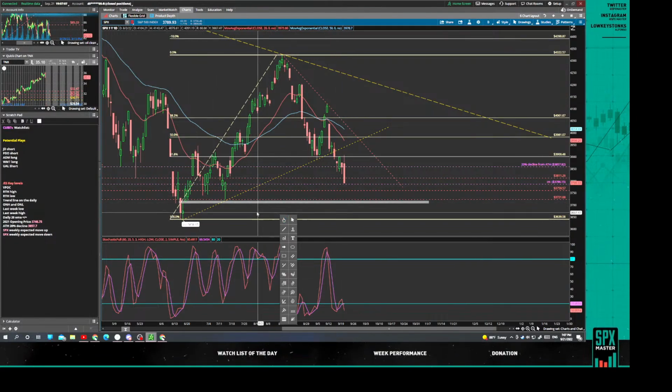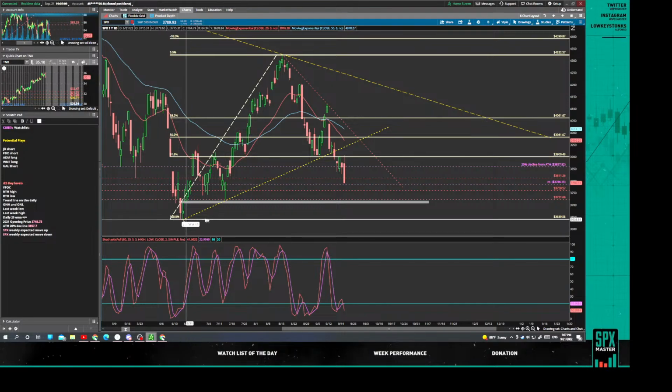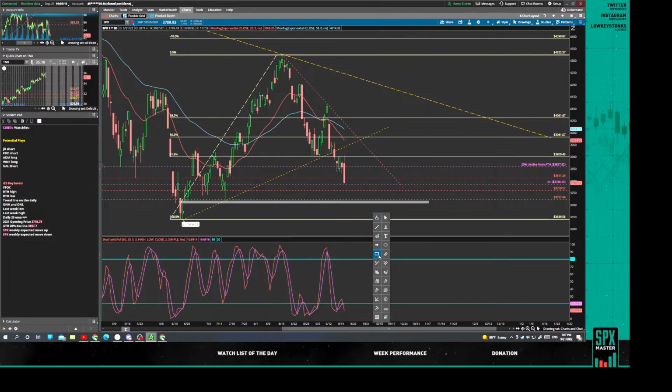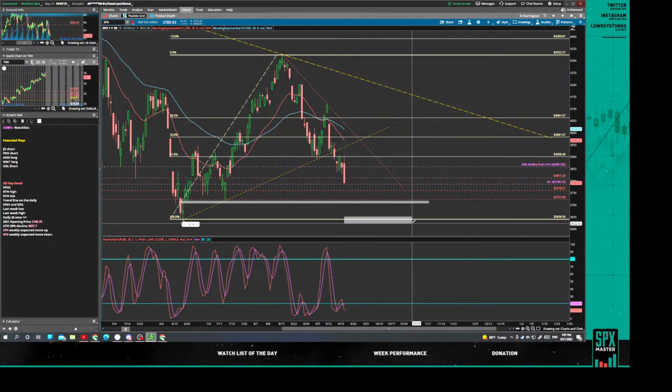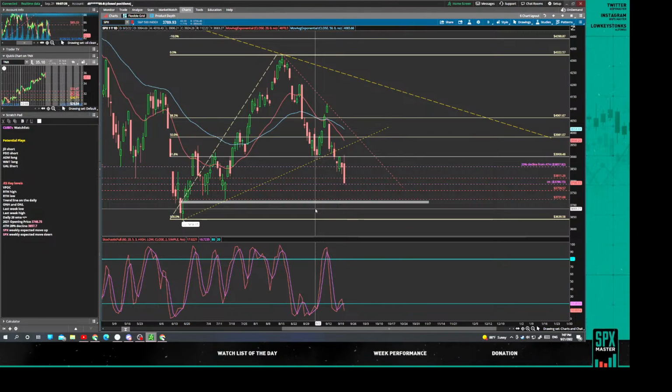The 100% retracement is in the cards. When, I don't know. It could fall some more, then pop, and then fall some more, but you can count on this getting hit at some point in the future.